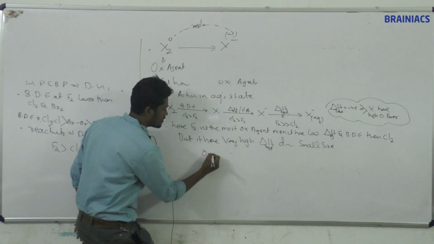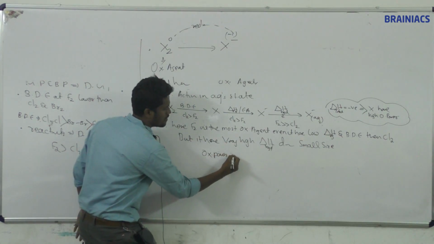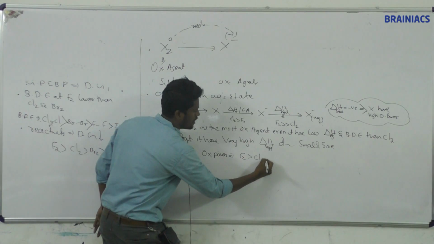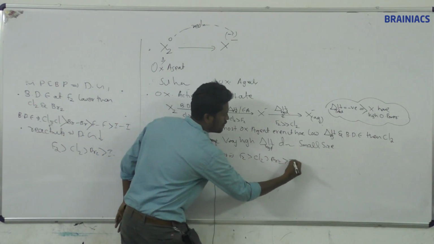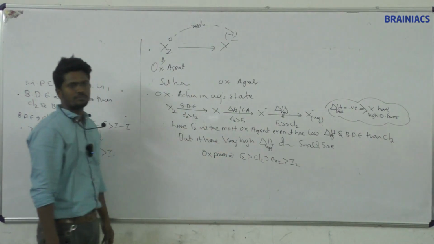So what is the oxidizing power order? F2 greater than Cl2 greater than Br2 greater than I2. Okay, good.